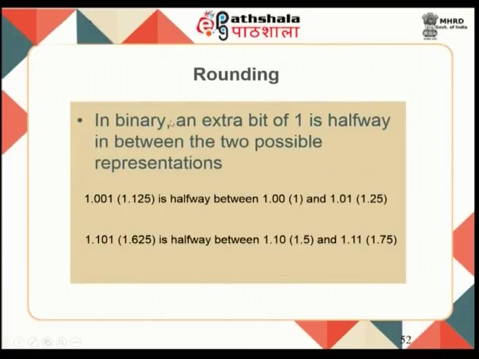So, in binary, an extra bit of 1 is halfway between the two possible representations. For example, here 1.001, which is 1.125, is halfway between 1.00 and 1.01. Similarly, 1.101 is halfway between 1.10 and 1.11.